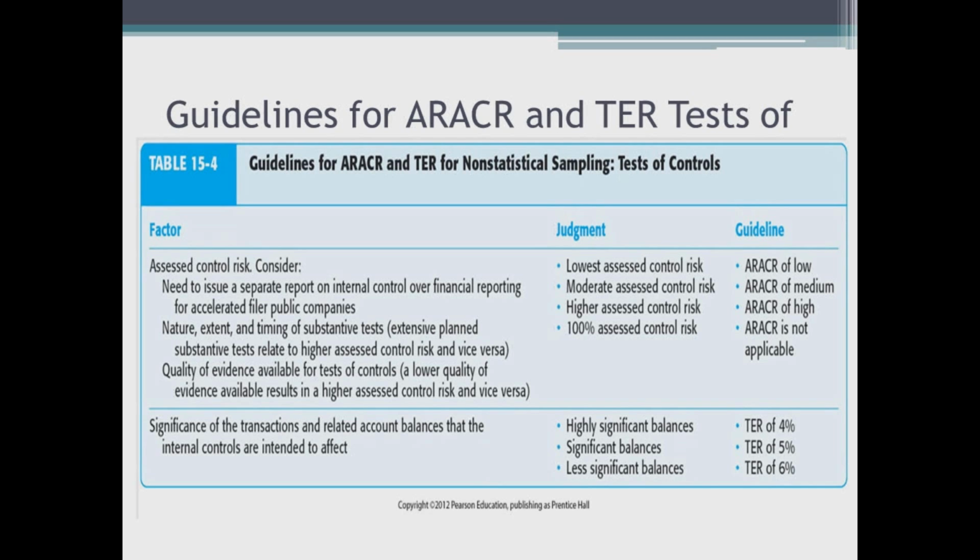It's not going to have a material impact on the financial statements. And remember, these are guidelines, okay? So in this example in the textbook for column 5, the auditors set this at 20%. So if 6% is our guideline for not significant, then that says something about 20.